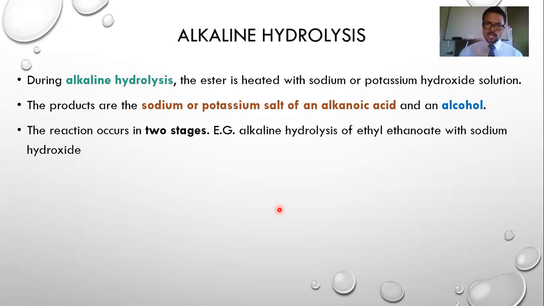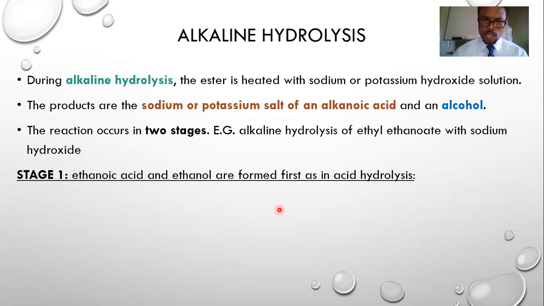Now, this particular reaction has two stages. The alkaline hydrolysis of ethyl ethanoate reacting with sodium hydroxide will be our example. In stage one, what is going to happen? Ethanoic acid and ethanol are formed first, as in the acid hydrolysis.